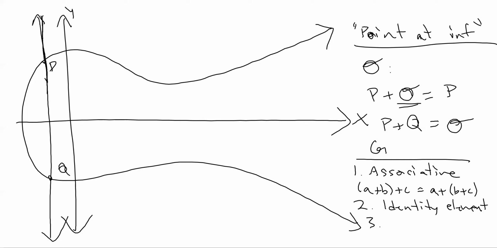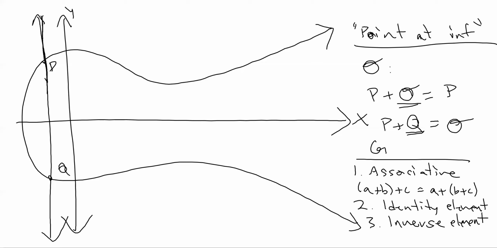And finally, there should be an inverse element, which means whenever you have a point P, there should exist some other point minus P, where if you add P plus minus P, you get back the identity. So in this case, Q is the point minus P, such that when you add Q to P, you get back the identity.